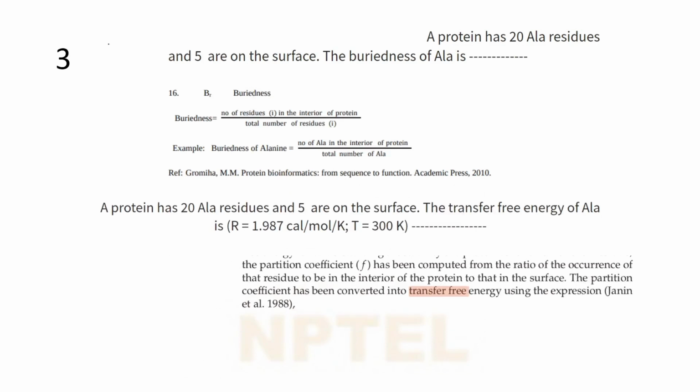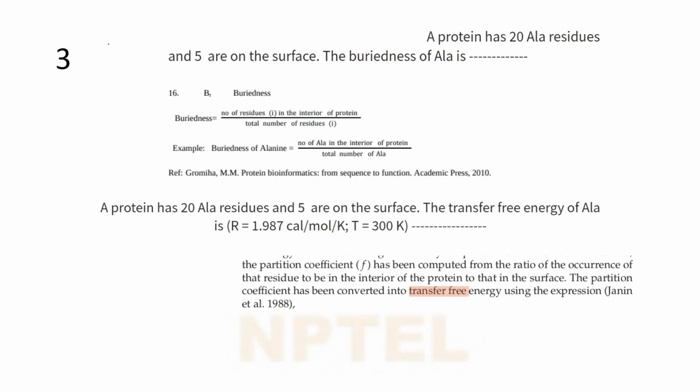Based on these buried residues, we get the transfer free energy of a particular protein. So why does one need to study transfer free energy? When we see the folding of some classes of proteins, particularly membrane proteins, they need a transfer free energy because the point of synthesis and the point of function is different.